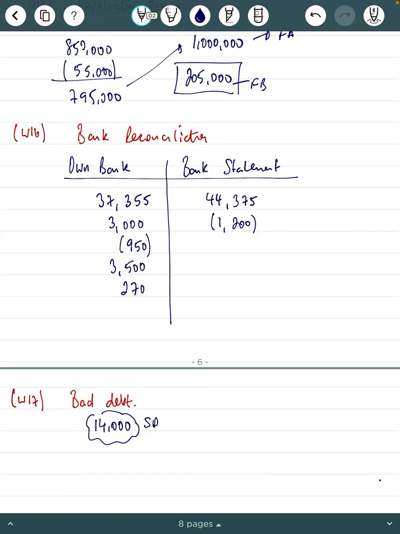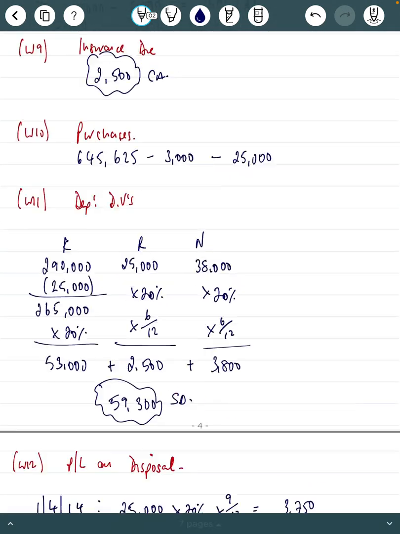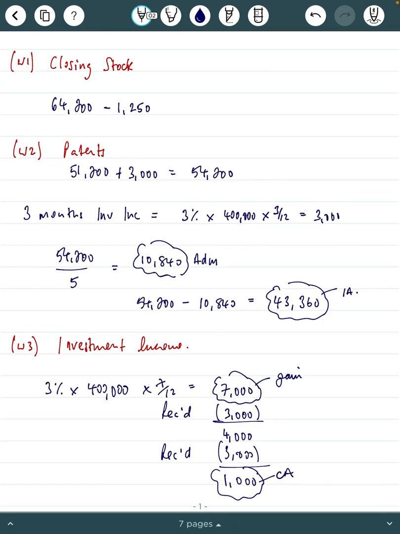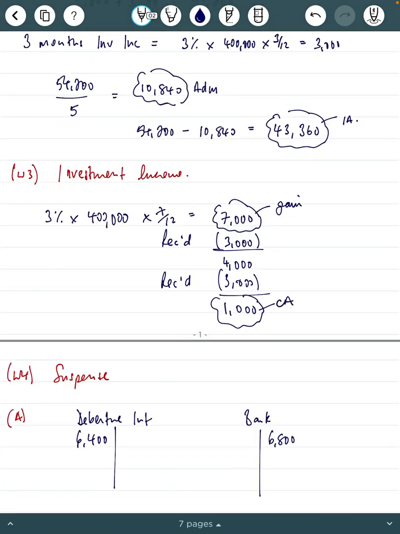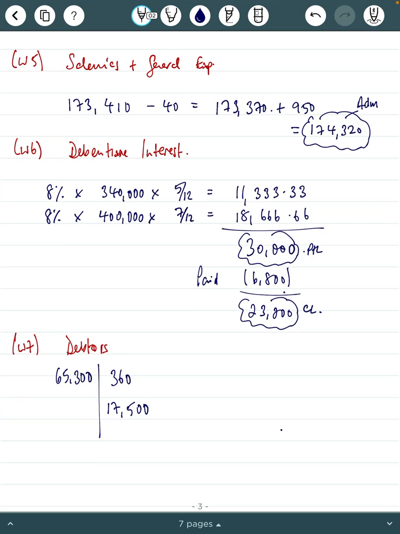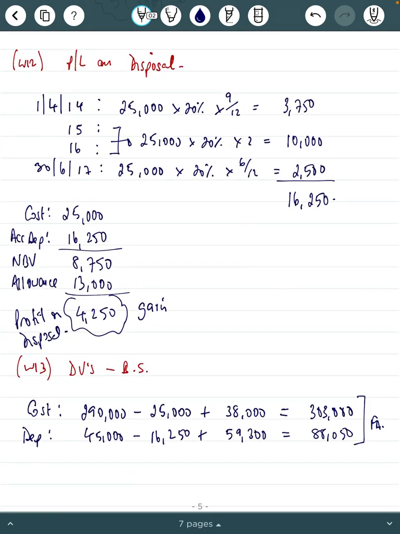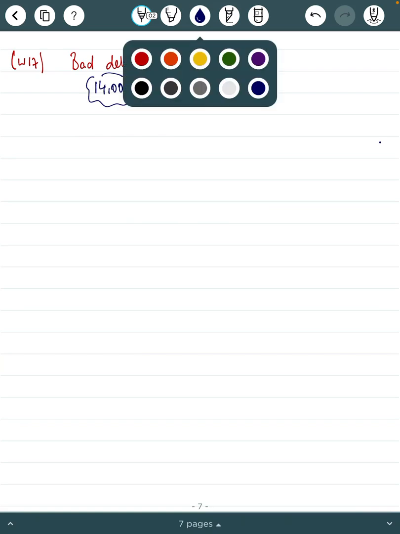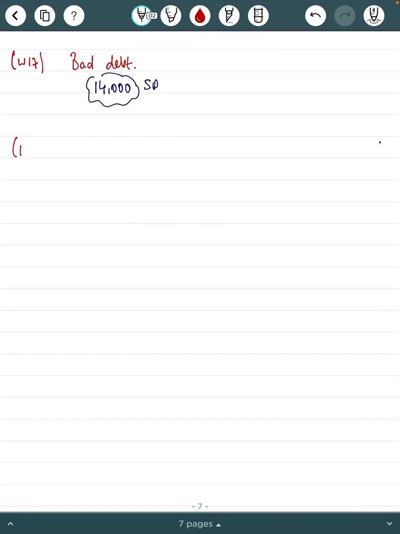But now I must go back to my creditors and increase my liability because I thought I paid off more than I had. Have I opened up creditors yet? I don't believe I have. No. Okay, so working 18, I'm going to open up my creditors.